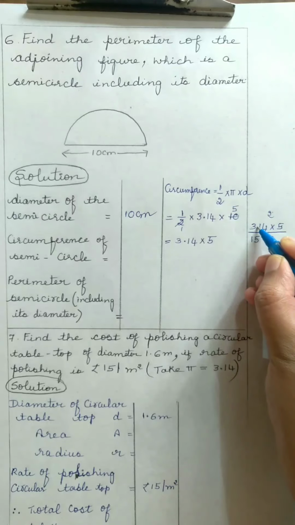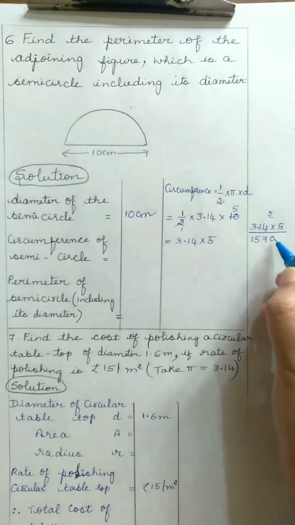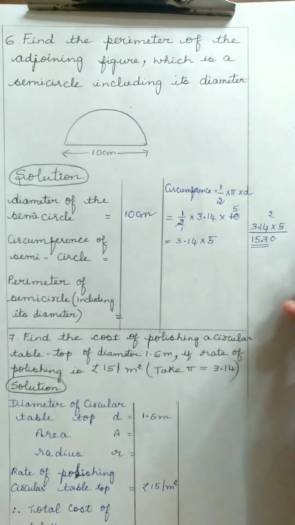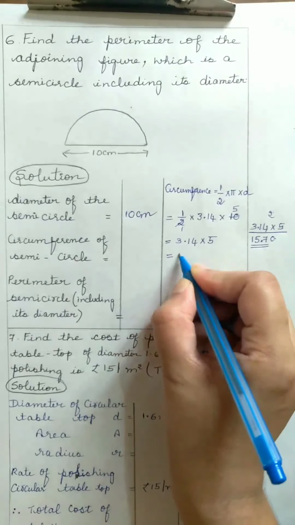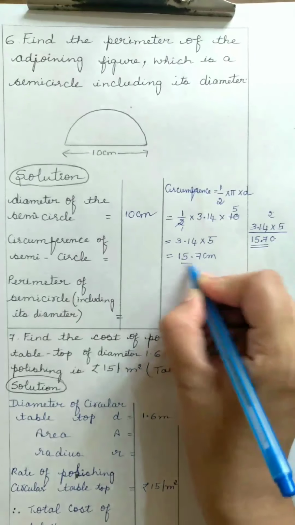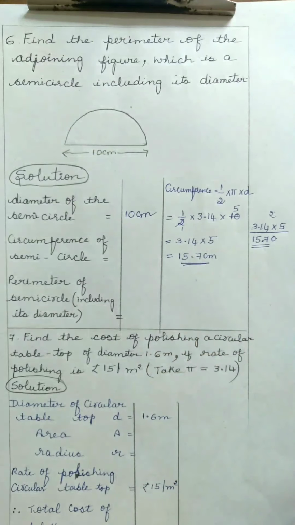After the decimal point, there are 2 digits, so in the answer from the right side, after 2 digits, put a decimal point. Therefore, it is 15.70, where we can write it as 15.7 centimeter. Therefore, children, circumference of the semicircle will be equal to 15.7 centimeter.